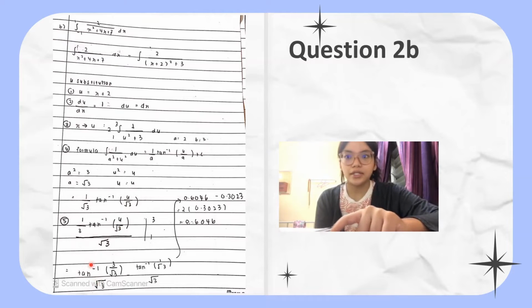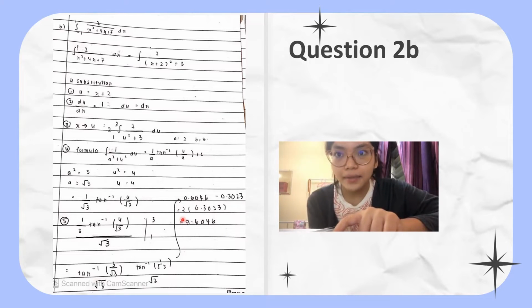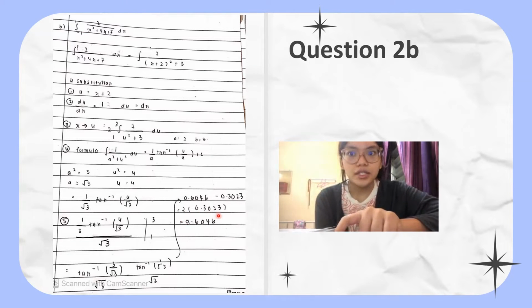This is from the formula, and then we're just going to put in the 3 and 1 from the limits, and we calculate all this information, which we got 0.646 minus 0.3023, and then the 2 from this, which is going to be times 2 times 0.3023, which we get 0.6046 as the final answer.